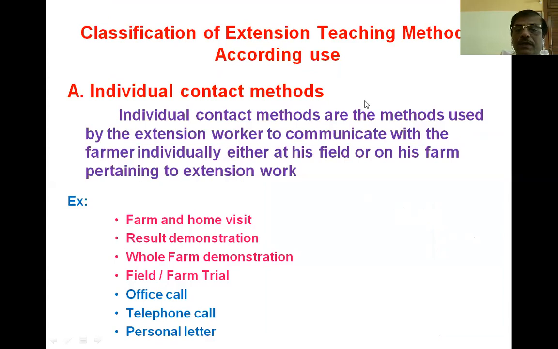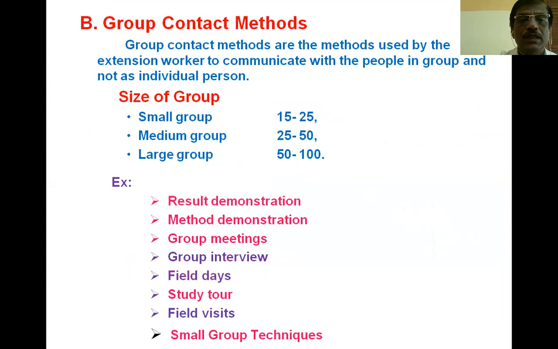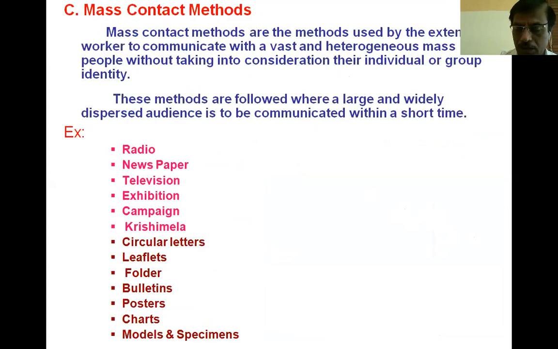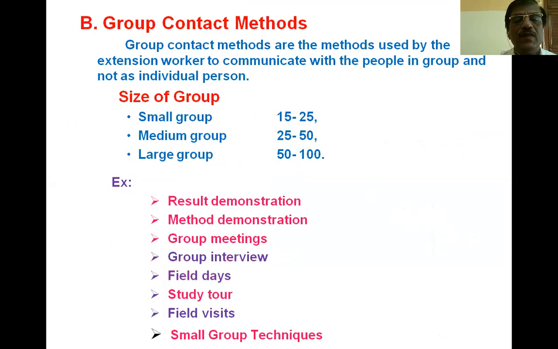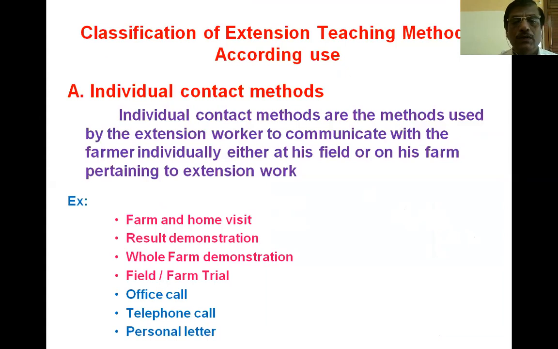Classification of extension teaching methods according to use. According to use, I told you, you can classify the extension teaching methods into individual contact methods, group contact methods, mass contact methods. Let us see one by one. Individual contact methods: what are these?